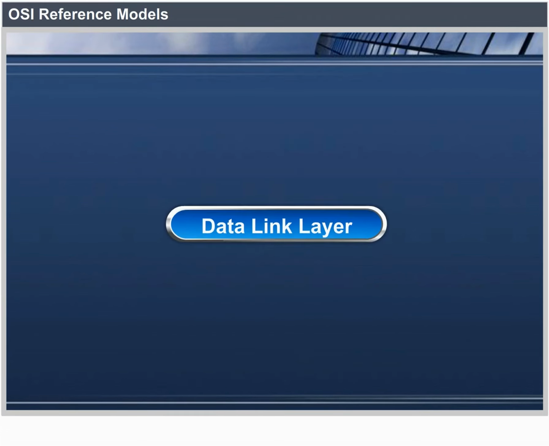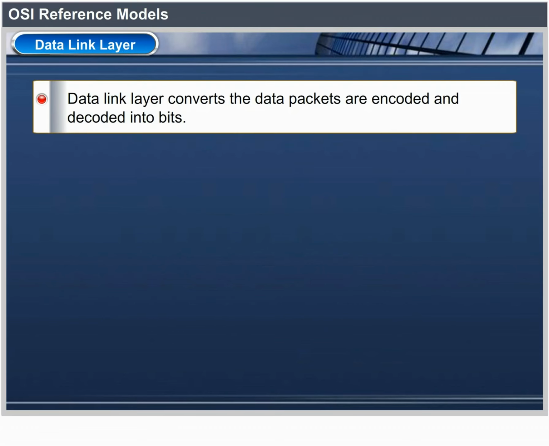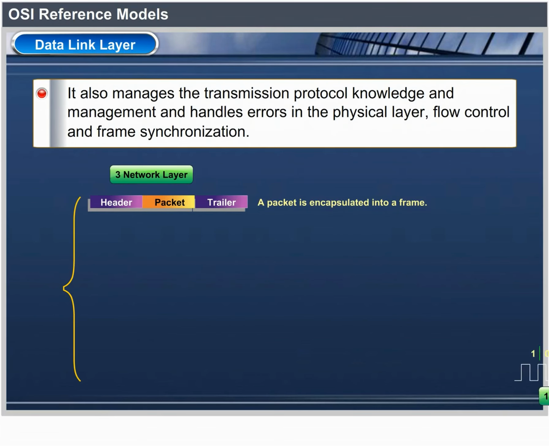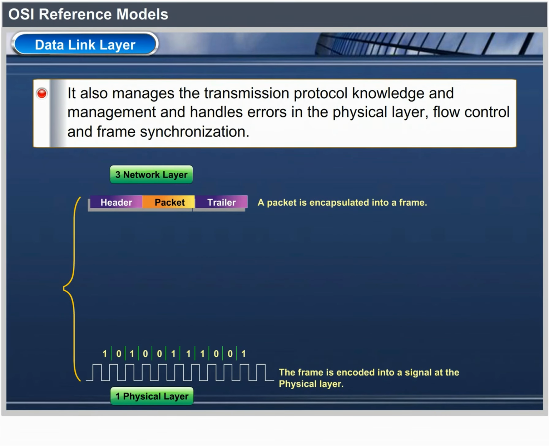Data link layer. At the data link layer, data packets are encoded and decoded into bits. It furnishes transmission protocol knowledge and management and handles errors in the physical layer, flow control, and frame synchronization.